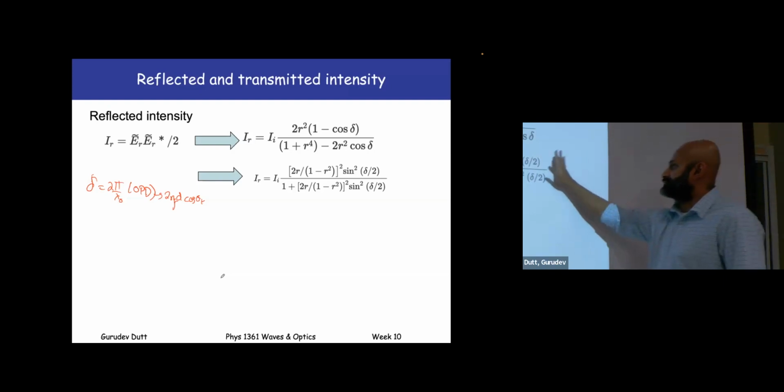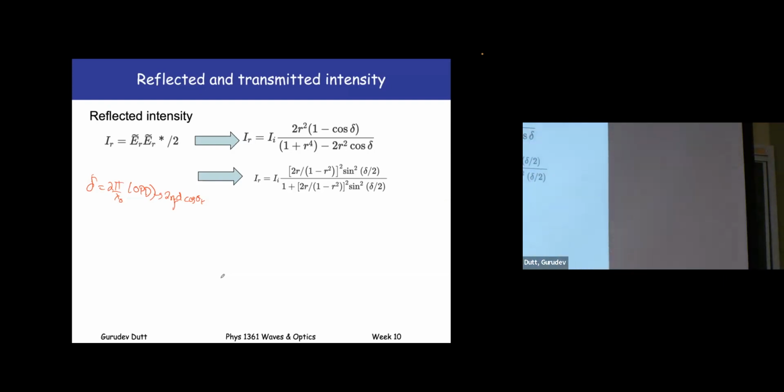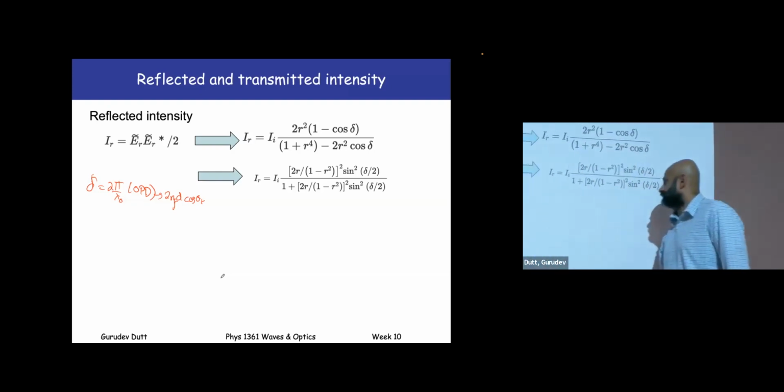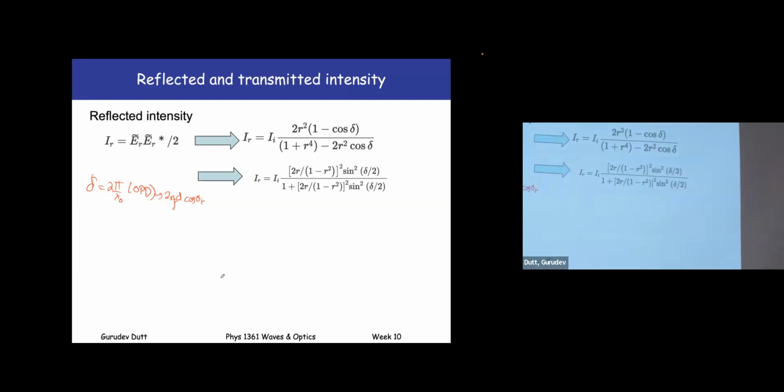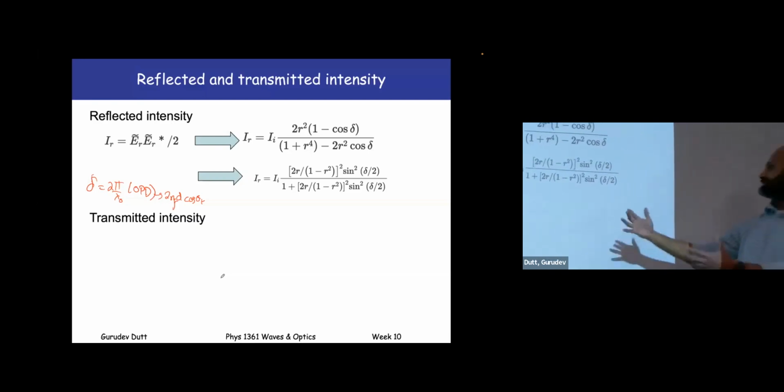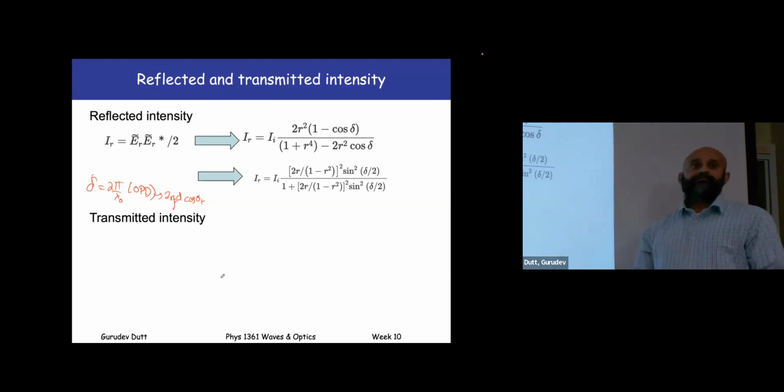Oh, and the delta, in case you've forgotten, always remember this, is 2 pi over lambda naught times the optical path length difference in the film, which we already said is 2 nf times d times cosine theta, the angle. So this is effectively dependent on the angle. Everything that is at the same angle will have the same phase and therefore the same intensity, which means, again, we get circular fringes when we look at this system.